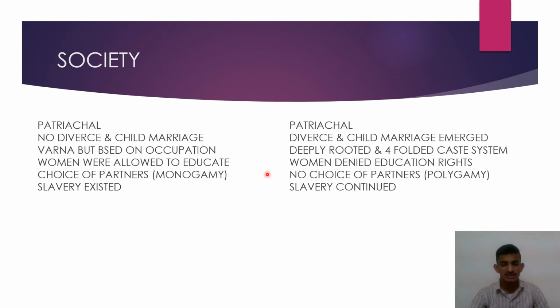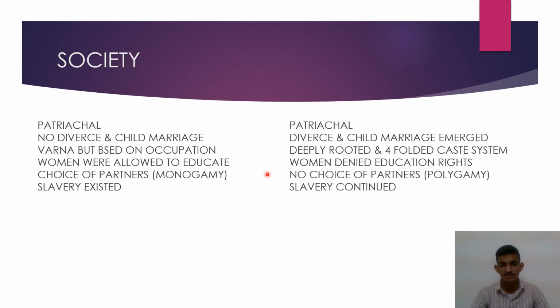And let's see about the society of the later Vedic age, and the concept of divorce and the child marriages emerged, and the caste system was deeply rooted, and it was divided into four, the brahmanas, the kshatriyas, the vaishyas and the shudras. As per the order, the first one is brahmanas, then the king, that is the kshatriyas, then merchants, nothing but vaishyas, then the last one is shudras.